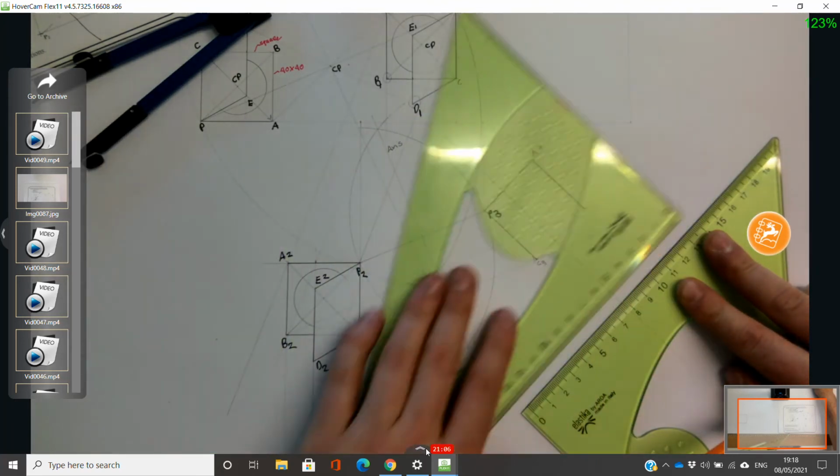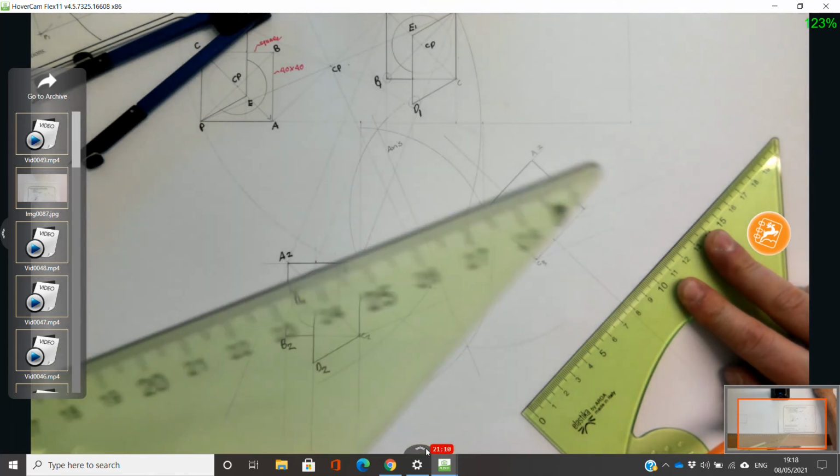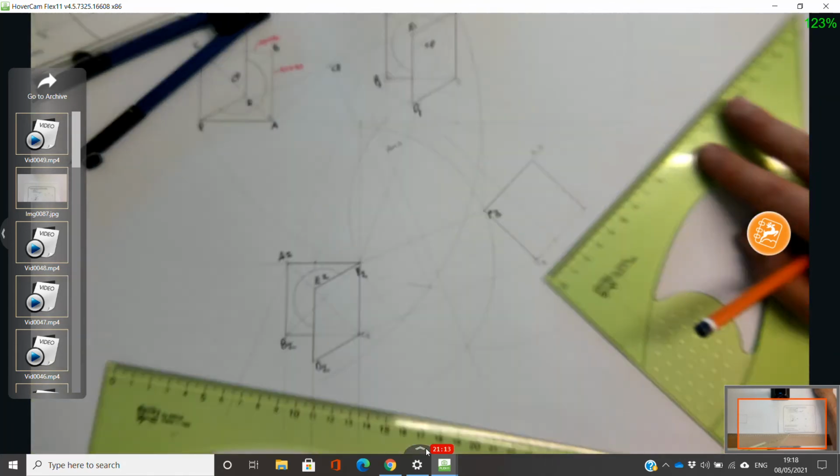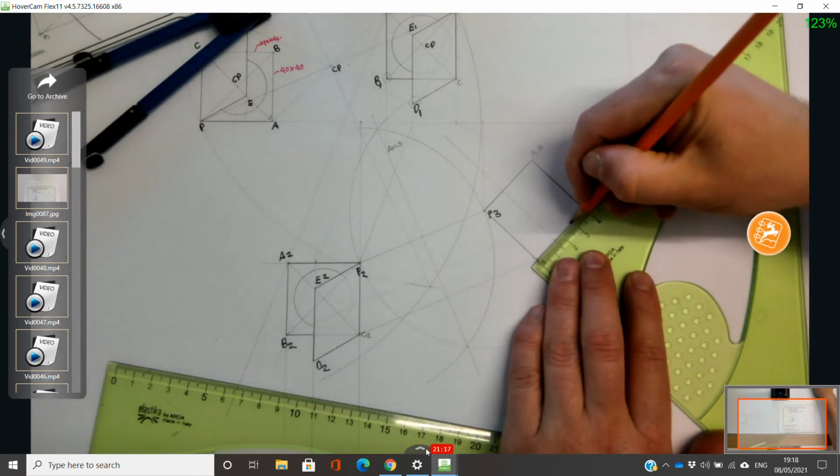So I'm doing 30 degrees from P3. I put that 15 millimeters on the wrong side. Good thing I noticed it there. That 15 millimeters should be here.